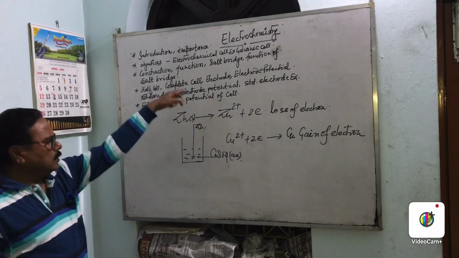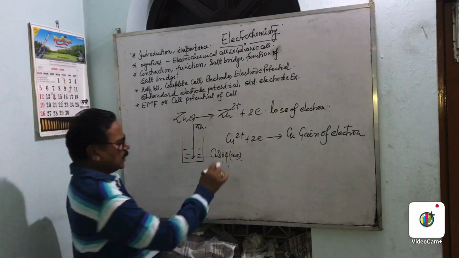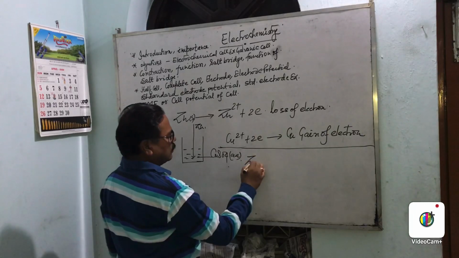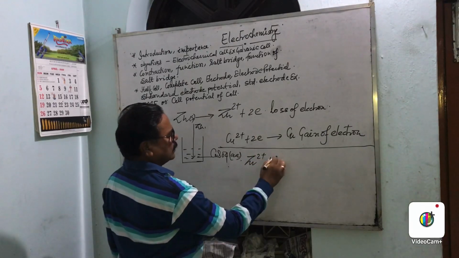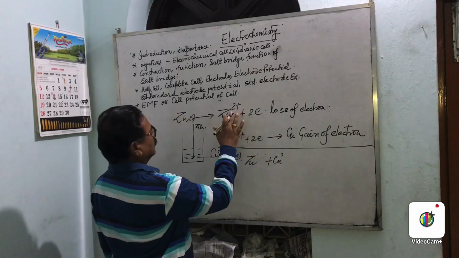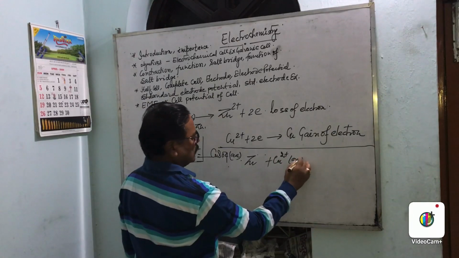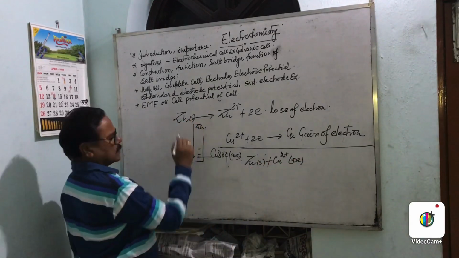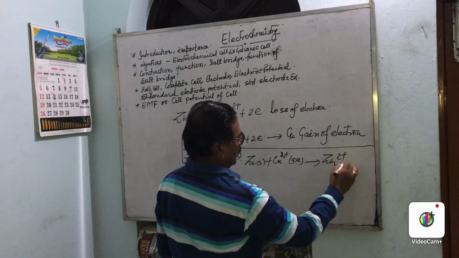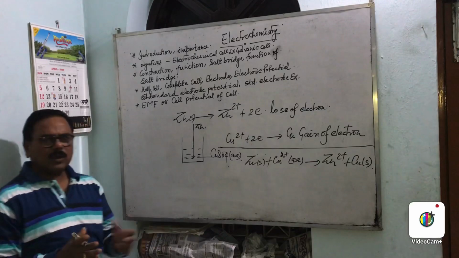So these two reactions take place simultaneously, and if we add these two reactions, then it will be converted into Zn plus Cu2+ aqueous gives Zn2+ plus Cu solid. So what is the redox reaction?